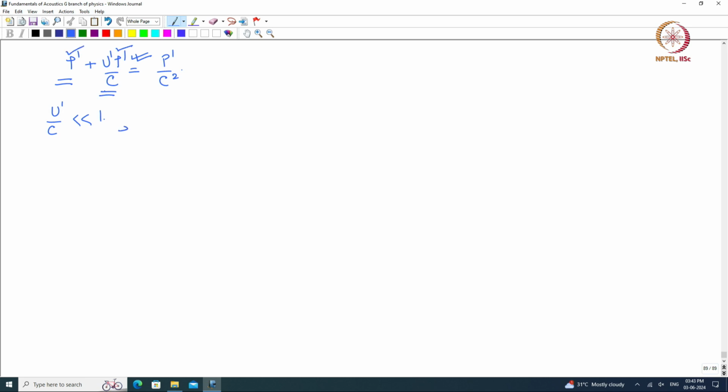So what we have is rho dash is equal to p dash by c square, or p dash is equal to rho dash c square. Even a simple scaling analysis has given that. This is actually true. The perturbed pressure is equal to perturbed density into speed of sound squared. It's an exact equation.